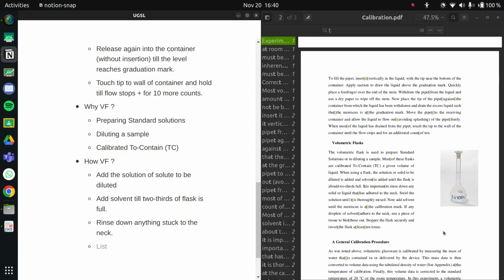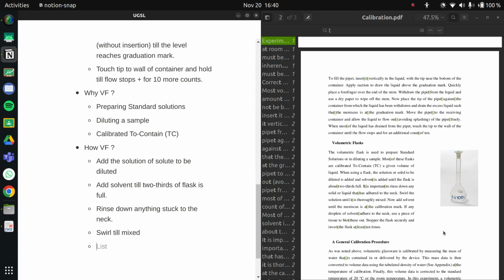Swirl the solution until it is thoroughly mixed. Swirl till mixed. Fine. Now add solvent until the meniscus is at the calibration mark. So add solvent till level at, wait, what?